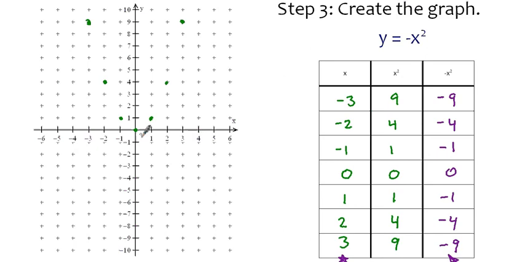Let's go ahead and put that on the graph. 3, negative 9. 2, negative 4 is here. 1, negative 1 is here. 0, 0 is still on this graph. Negative 1, negative 1 is here. Negative 2, negative 4 is here. And lastly, negative 3, negative 9 is over here. And so we get this upside down symmetrical U-shaped curve.